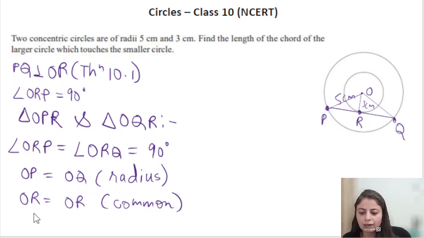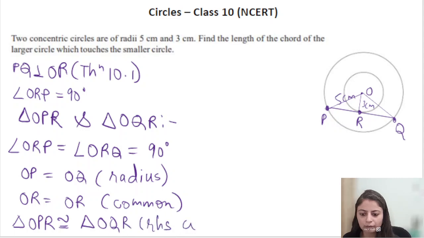So using RHS congruency, I'll have these two triangles congruent. So triangle OPR is congruent to triangle OQR using RHS congruency.